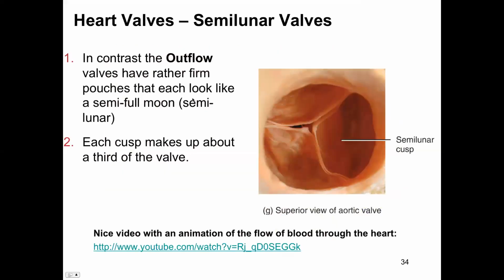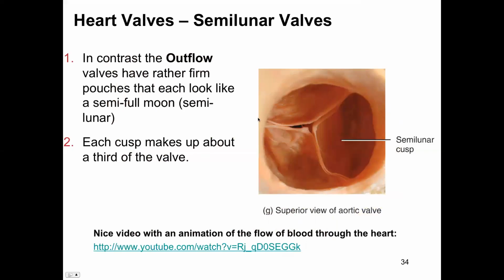Now, the semi-lunar valves are different. They don't have chordae tendineae, all right? So these guys, they have these sort of pouches. And what happens here is that when the ventricle relaxes, and there's that sucking back pressure, wanting to pull that blood back into the heart, these things then snap closed, and these things are like sails, right?